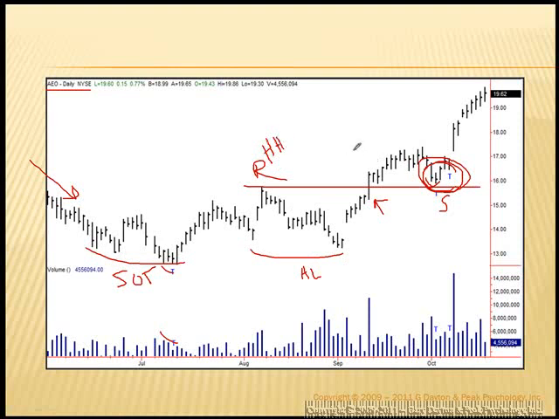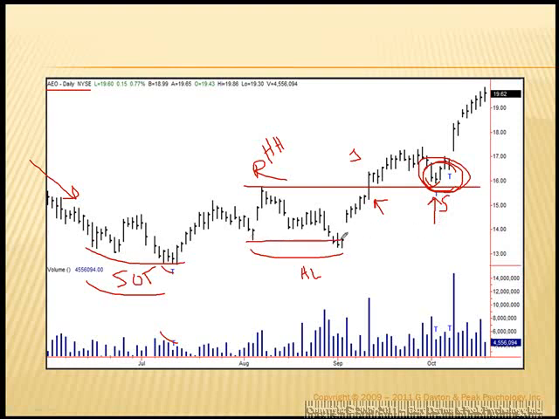And then we see a jump here and a push up. And then we have that back up to the edge of the creek, that pullback to support. There's a story. It's a story of strength that started all the way back here in July, and it's culminating now in terms of an opportunity to take a trade position in October.